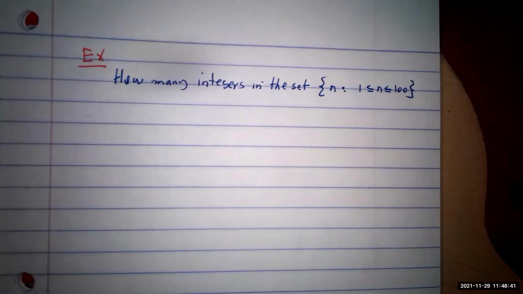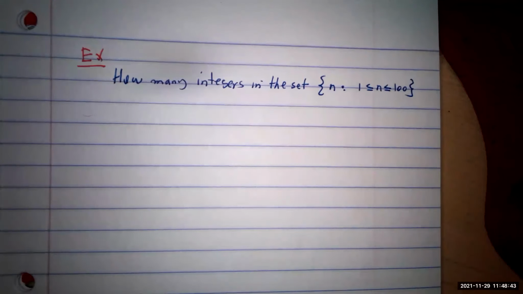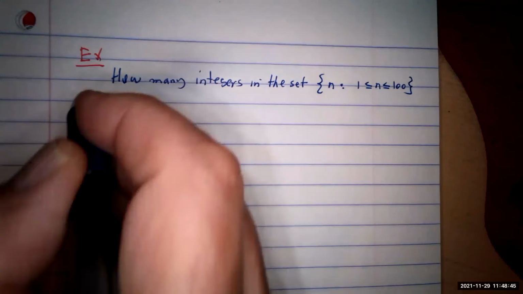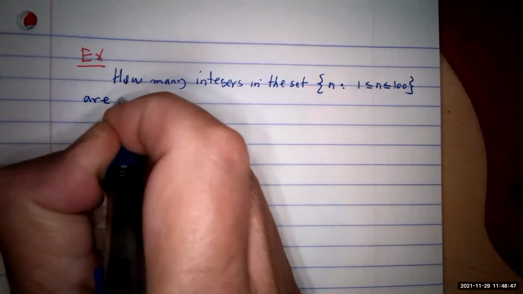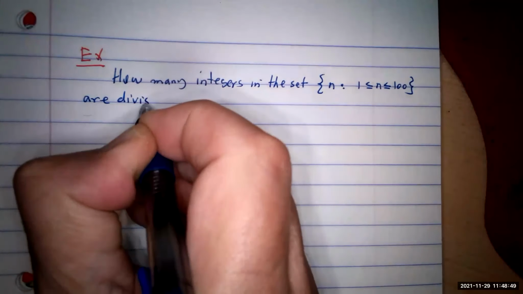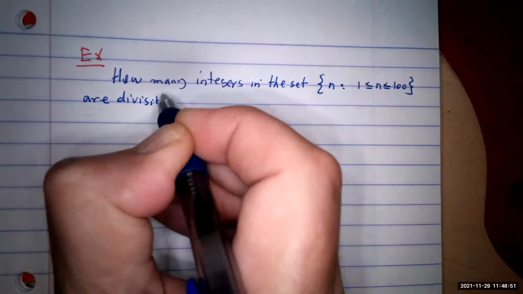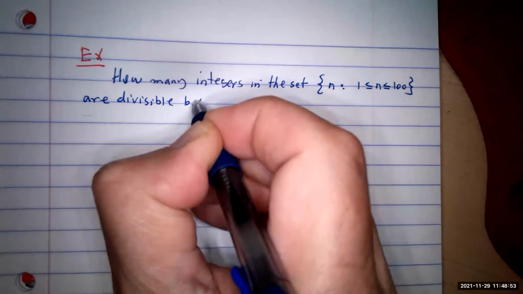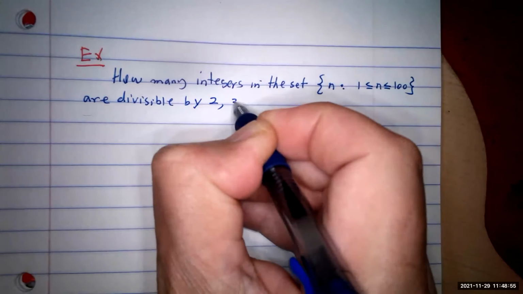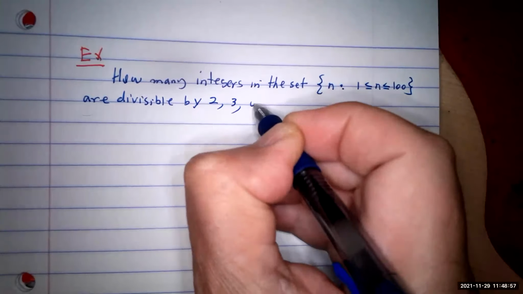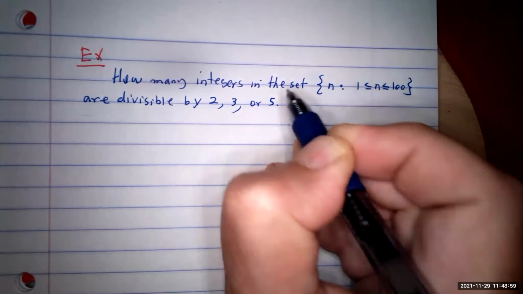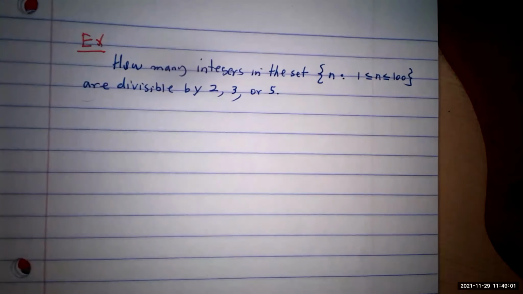We want to know how many numbers less than or equal to 100 are divisible by 2, 3, or 5. That's a very popular case. How many numbers less than 100 exist that are divisible by 2, 3, or 5?